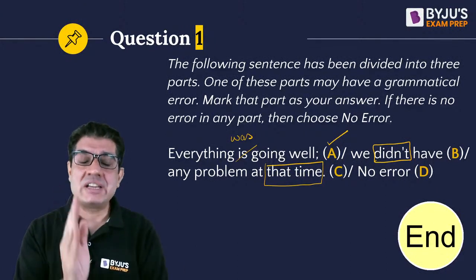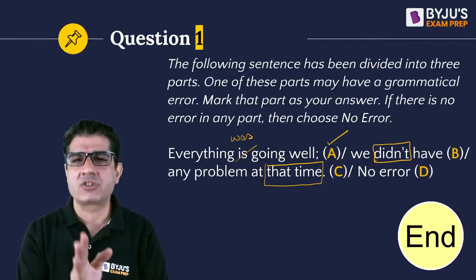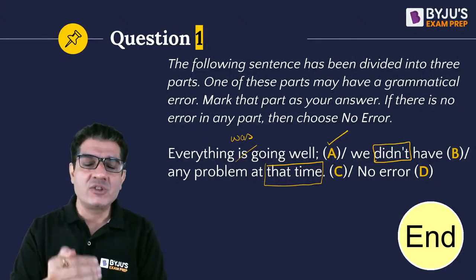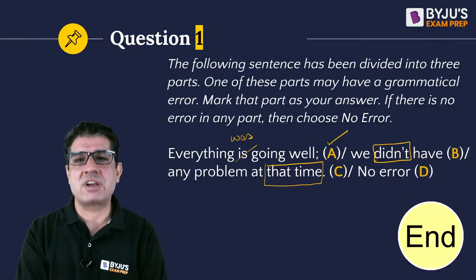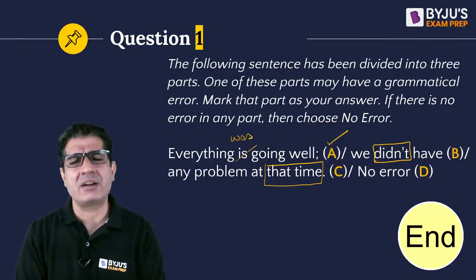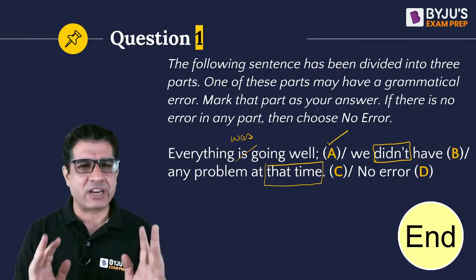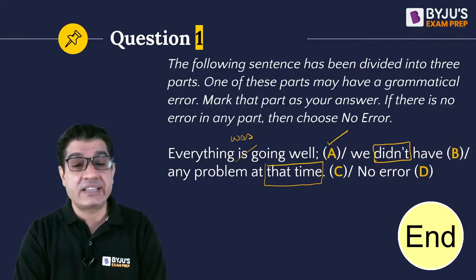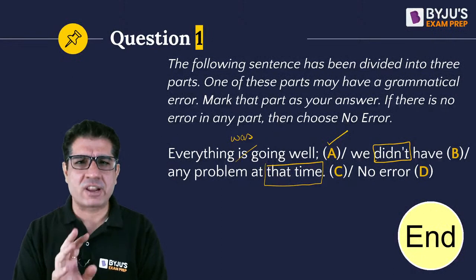No. So until the notification says so, until we have official communication, let us assume that the exam is going to happen on the 18th and 19th. The exam may or may not get postponed. If you believe that it will get postponed, and it does, then it is all right.